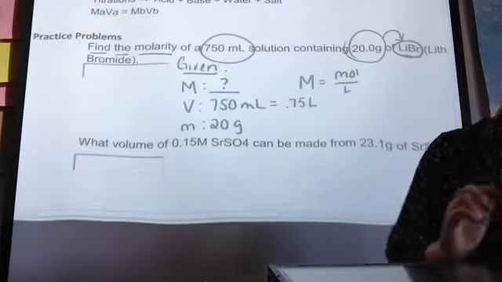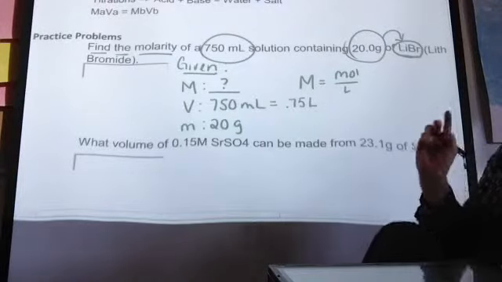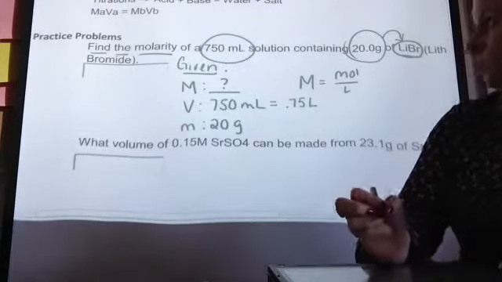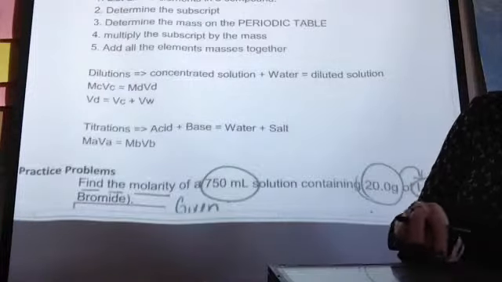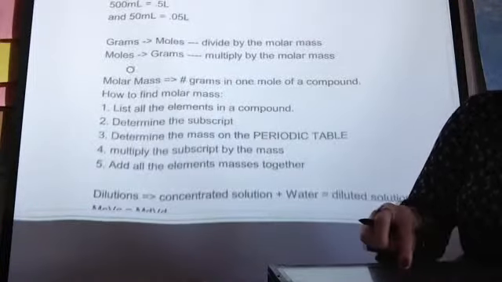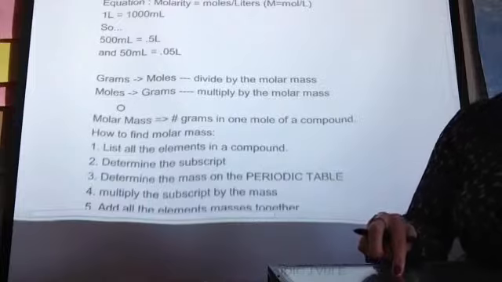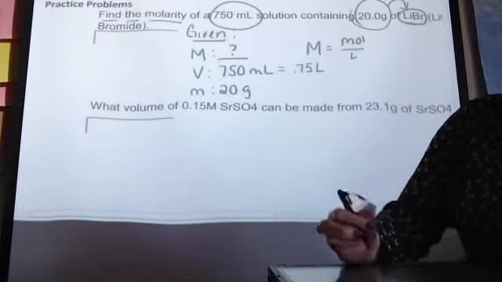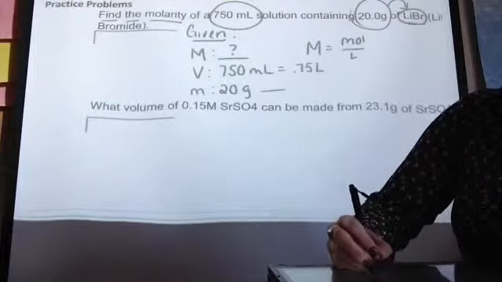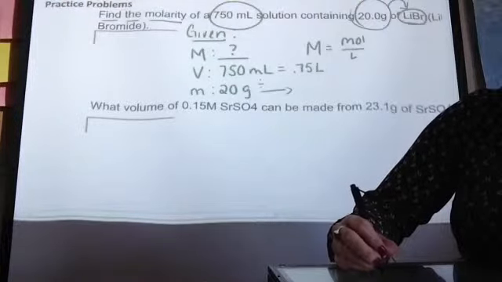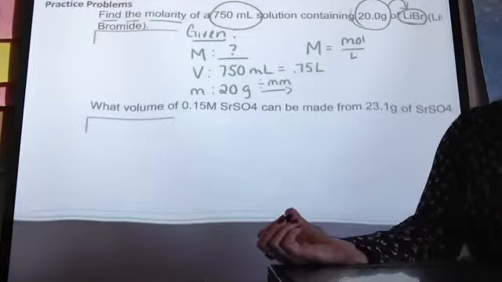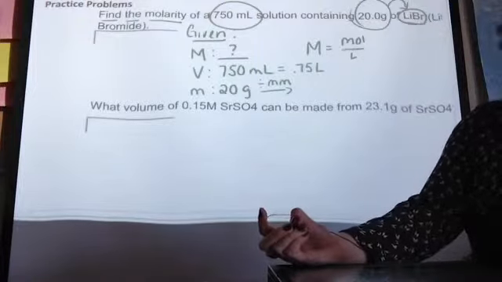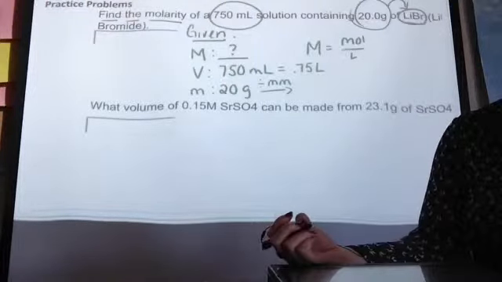And now I have to convert 20 grams into moles. To convert grams to moles, I have to divide by the molar mass. So the first thing I have to do is find the molar mass.